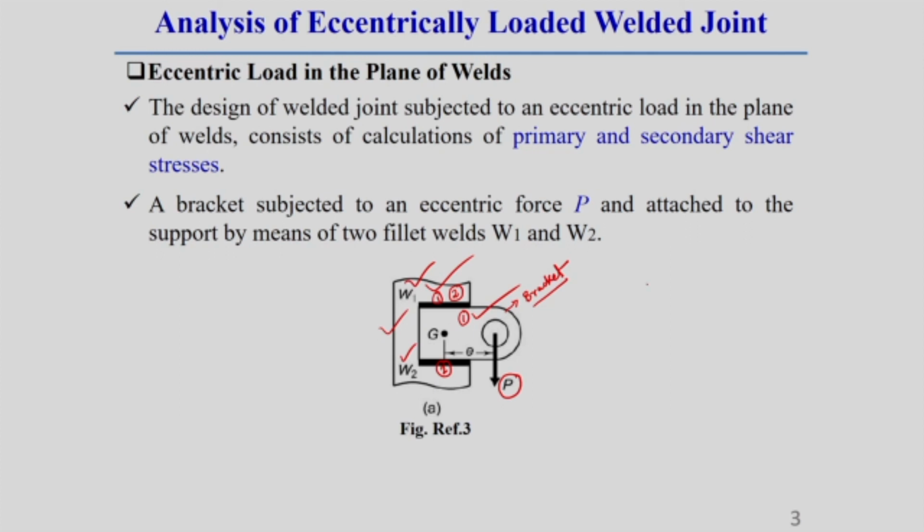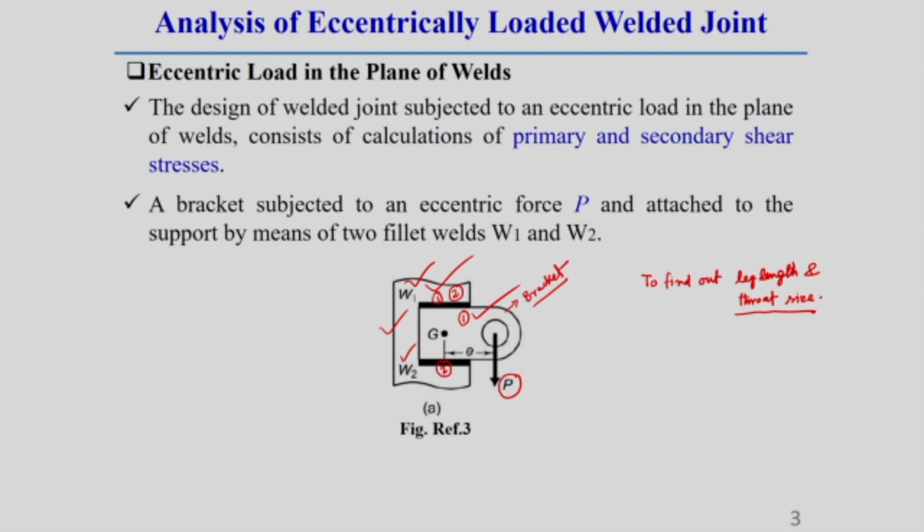Dimension of weld means to find out the leg length and the throat size. So, to support a plate over another support, what should be the size of that weld? Size of this weld means what should be the throat size or what should be the leg length.